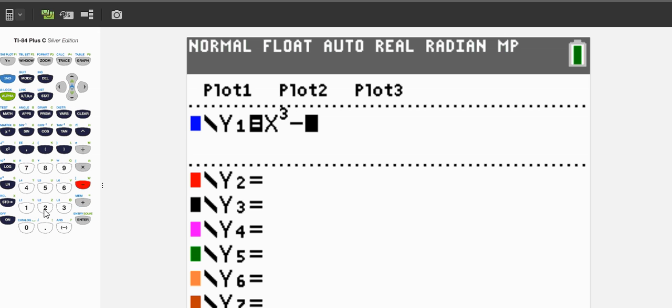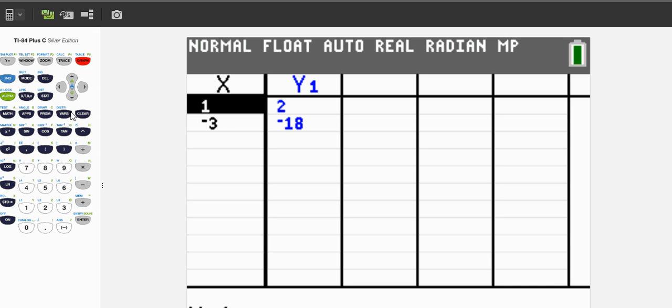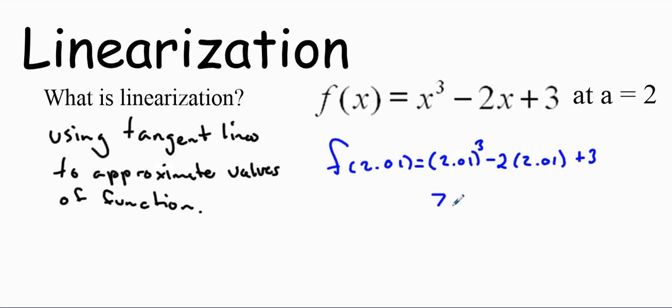Now, if I want to find this value, I could go to my table, put in the input value 2.01, and what we get is an answer of 7.1006. Maybe that's rounded, but that is the actual value if I plug that in.